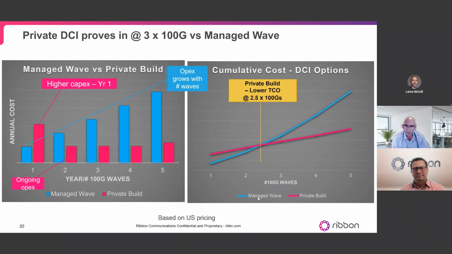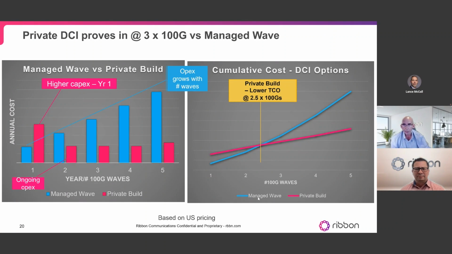In the first 2 years, when your growth is low, the managed wave is the cheapest, right? And no surprise, because you're only paying by the wave. The private build is going to be more expensive because of that upfront capital cost. But over time, as you grow, the managed wave crosses over the private build at between 200 and 300 gig waves.